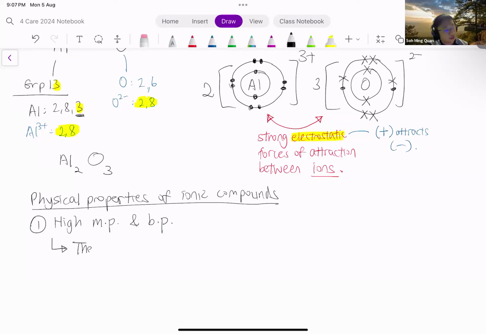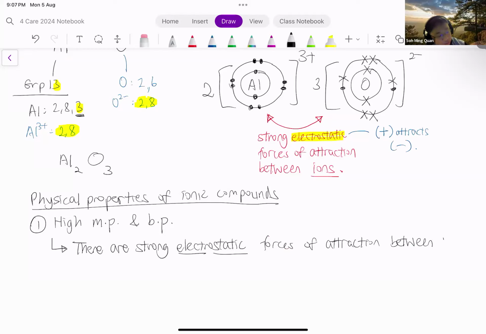The forces of attraction that are present are strong electrostatic forces of attraction between the ions. Right? So state the name of the forces of attraction. So let's say aluminum oxide. There are strong electrostatic forces of attraction between the Al3+ and O2- ions.